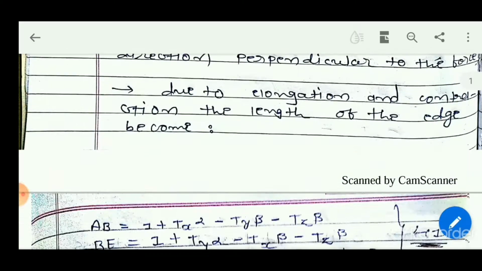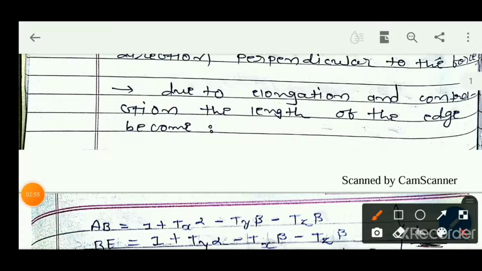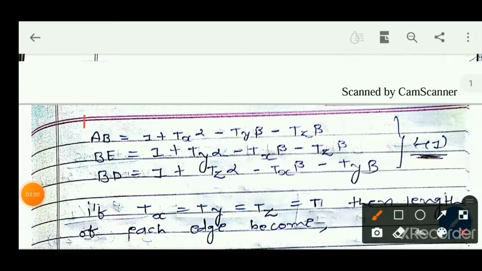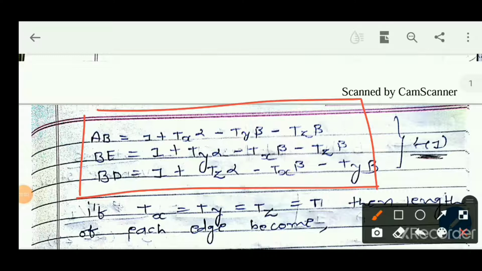Due to elongation and contraction, the lengths of the edges become, and this is very important because all the questions play around these three lengths: AB, BE and BD. First, what is the length of AB?